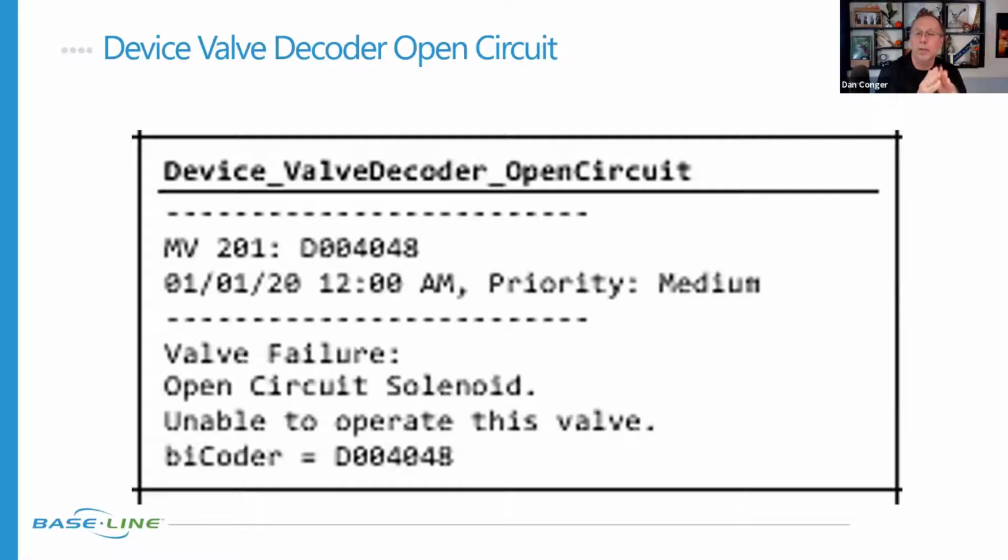Well, on a conventional wire system, we've got 2,000 feet of wire of common and this that we're measuring out to the solenoid. So that open circuit could be on the solenoid itself, could be on a splice, and it could be anywhere on this wire path coming back to the controller.